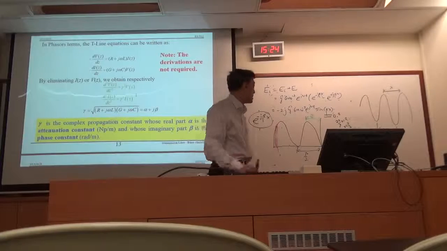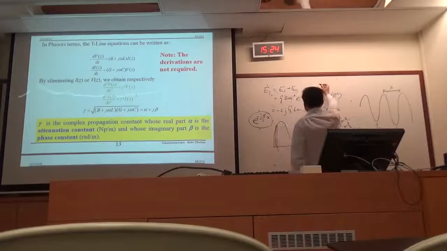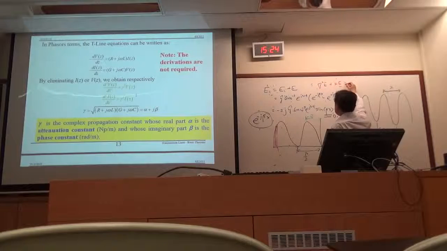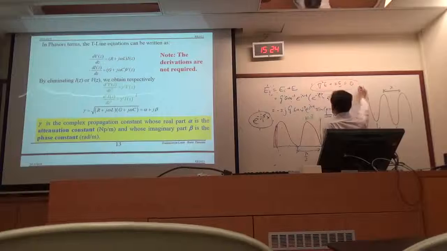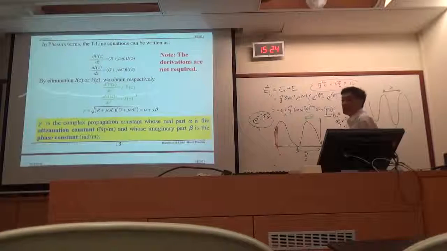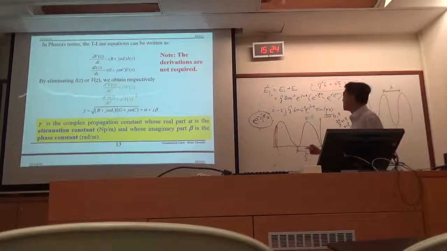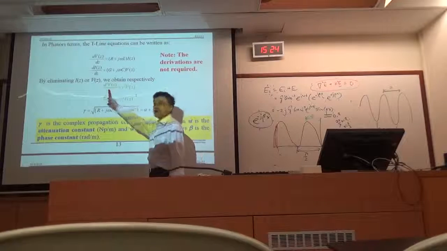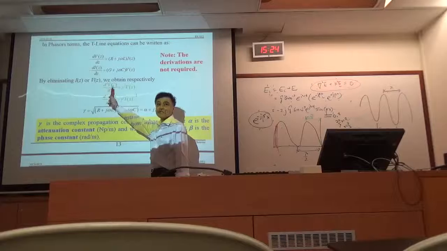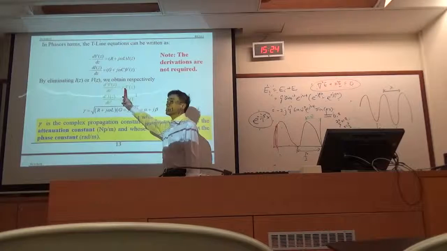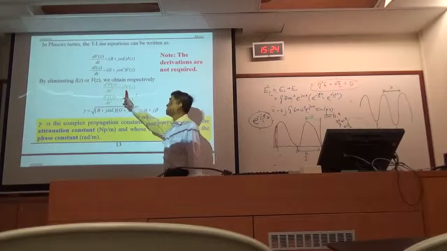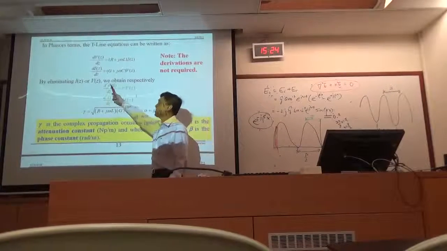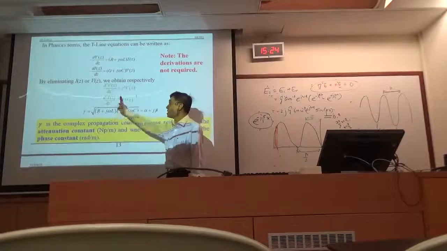They are very similar to your del squared E plus K squared E equal to 0, right? This is del squared, the Laplacian. So you replace V with E, and the two are the same.